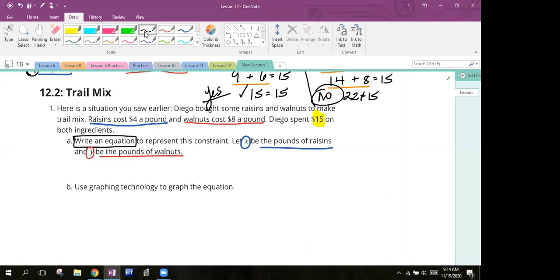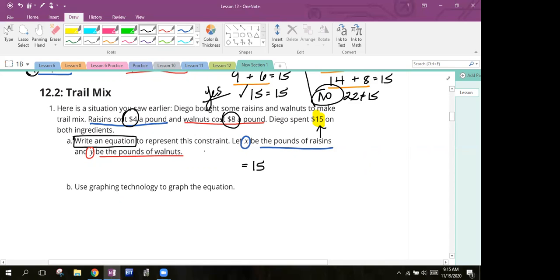Okay? So for this one, anytime I'm writing an equation, I like to know what my total amount is, or whatever my constraint is. And in this case, it's 15. So I know that that needs to be what my equation is set equal to. And that $15 is made up of the price of raisins and the price of walnuts.